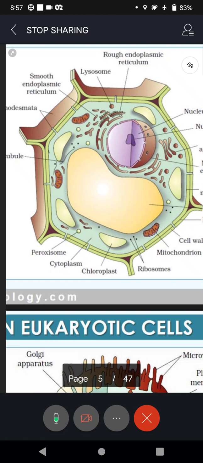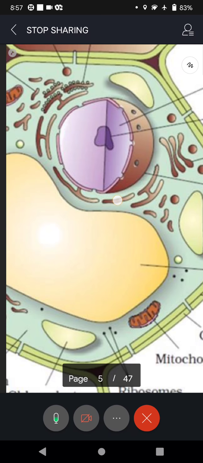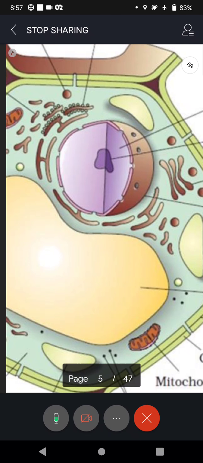Whereas if you see rough endoplasmic reticulum, let me expand that. Yeah, look at that. Rough endoplasmic reticulum. Are you able to see? There is a tube-like structure. Over the tube-like structure, you are seeing spherical bodies. Those small, spherical, round bodies are ribosomes.